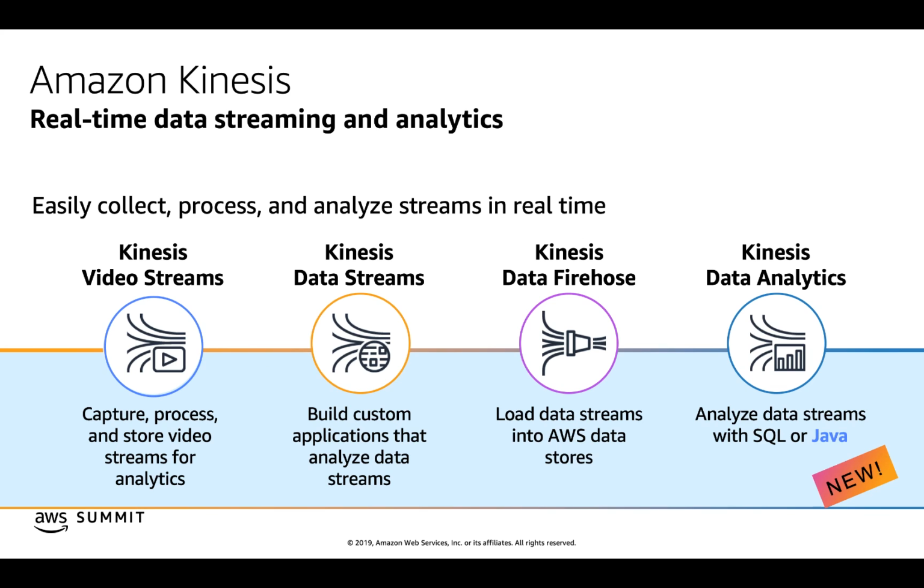It's called Kinesis Data Streams. It allows you to ingest and store data streams for processing without the maintenance overhead of a streaming data platform. Then we have Kinesis Data Firehose. Data Firehose gives you an easy and efficient way to load data streams into AWS data stores, like S3, like Redshift, like Elasticsearch, and Splunk.